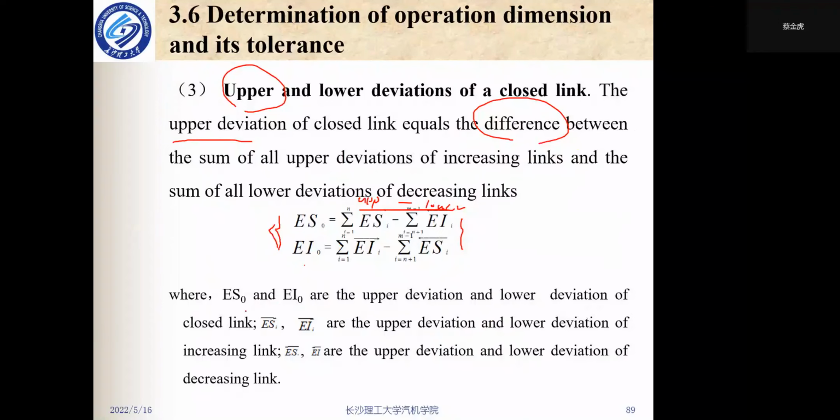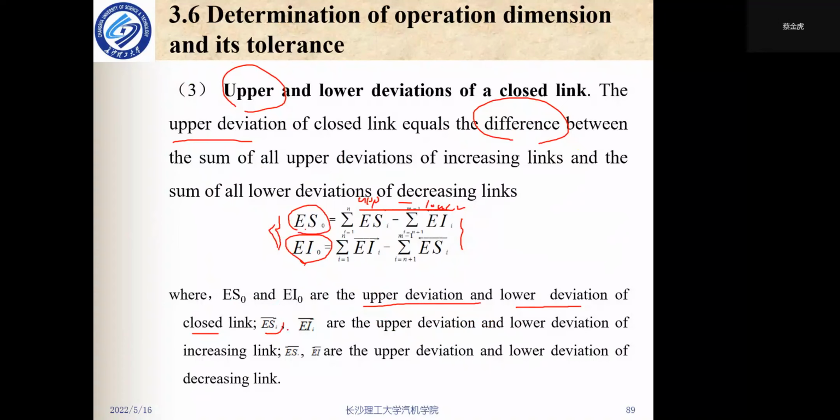In this equation, ES0 and EI0 are the upper deviation and lower deviation of closed link. This is lower, this is upper deviation of closed link.